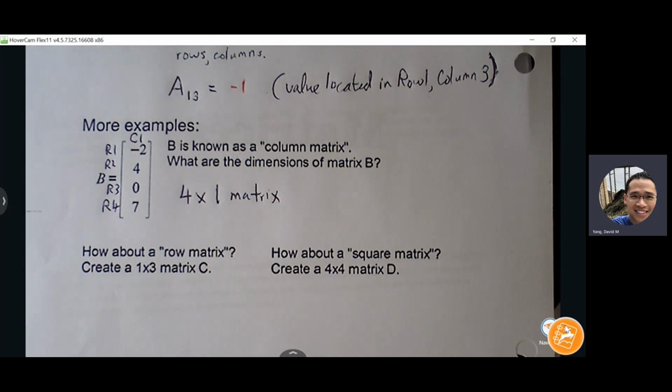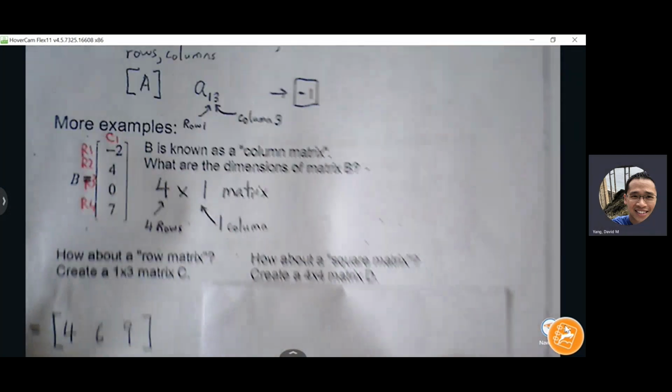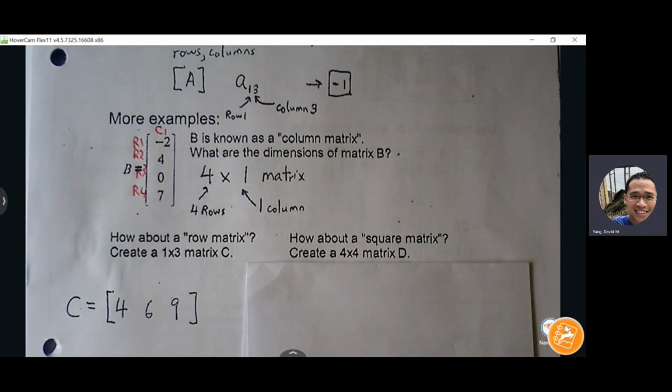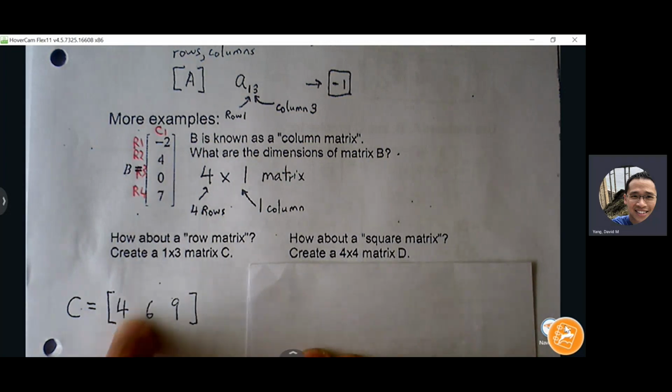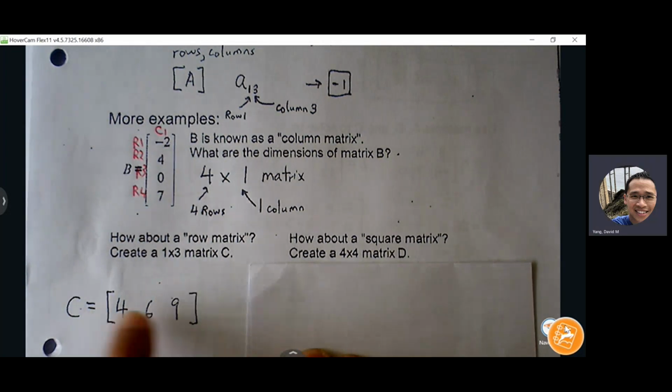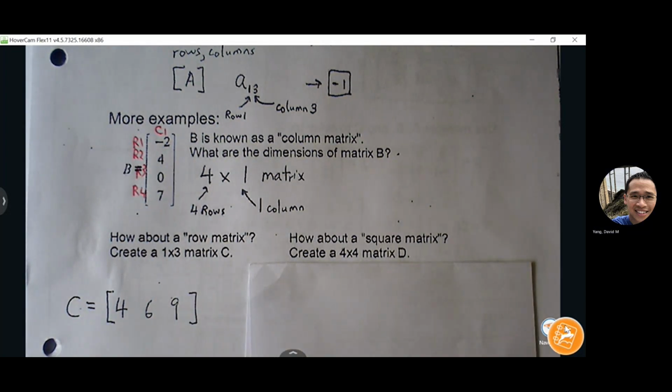A 1 by 3 matrix C. Your numbers will be different from mine most likely, but mine is a 4, 6, 9, but it should be that dimension. 3 columns and only 1 row.